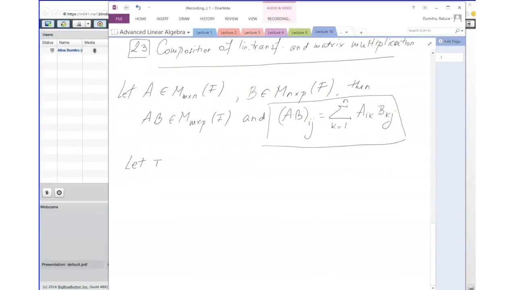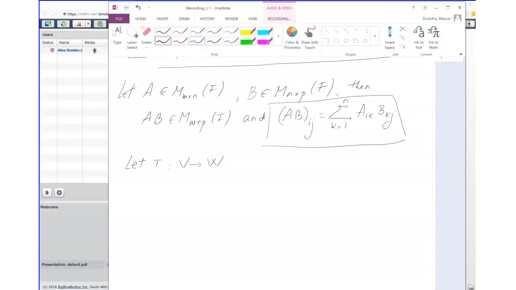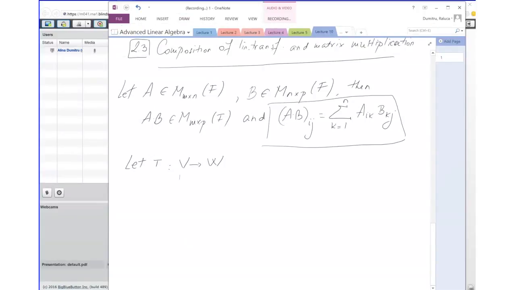I'm going to take a linear transformation T from V to W. Let's say V has dimension n, W has dimension m.